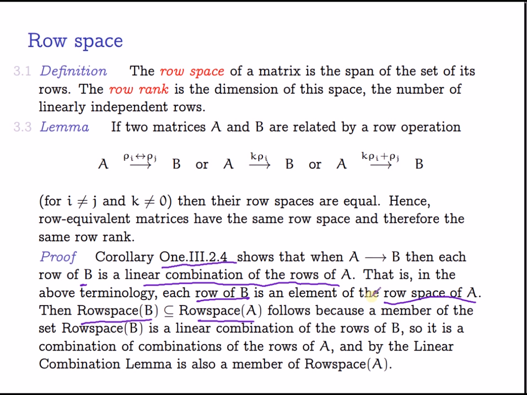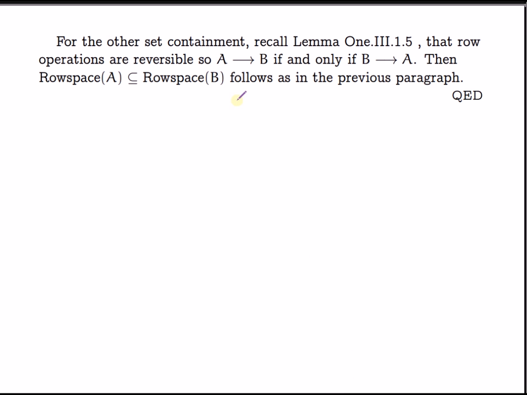It follows that the row space of B is contained in the row space of A, because any member of the row space of B is a linear combination of the rows of B, so it's a combination of combinations of rows of A. So the linear combination lemma tells us that such a combination of the rows of B is also a combination of the rows of A. So it's in the row space of A. On the other hand, recall this lemma, which says that row operations are reversible.